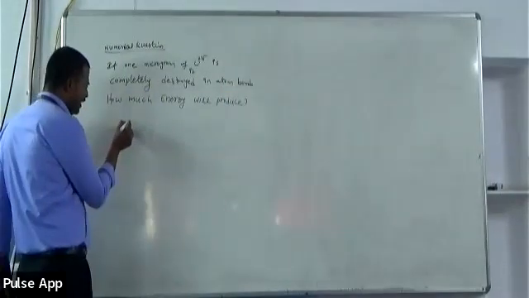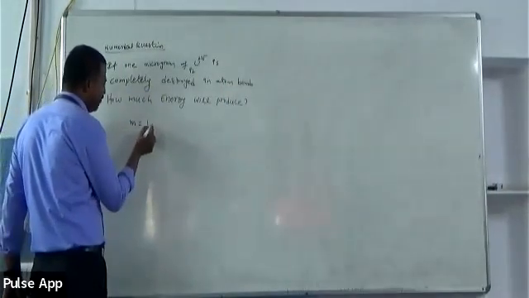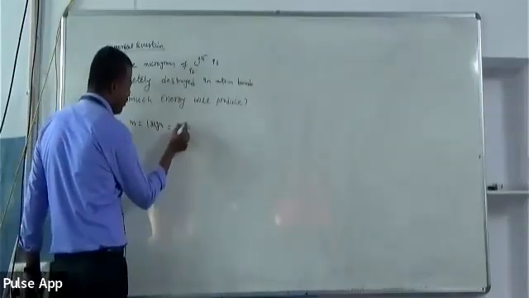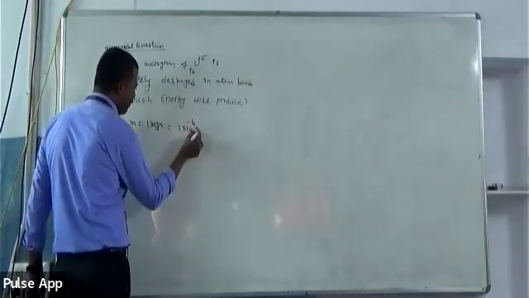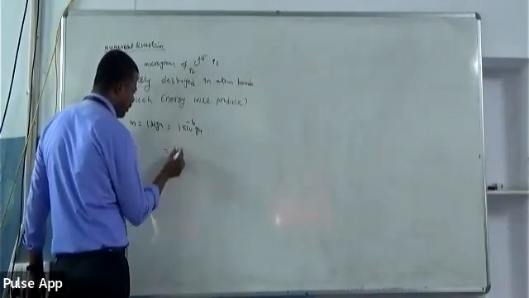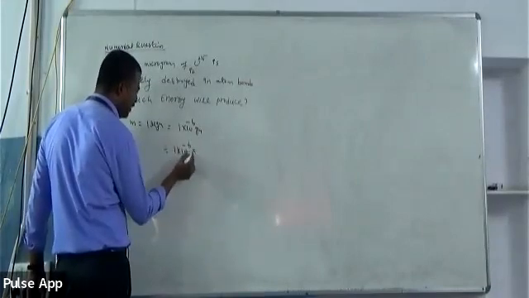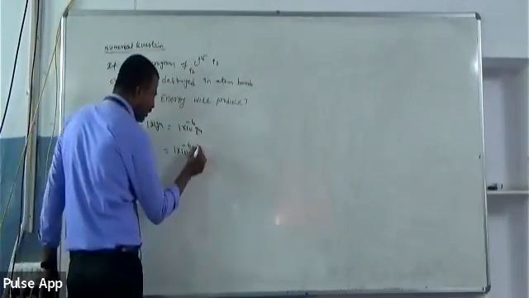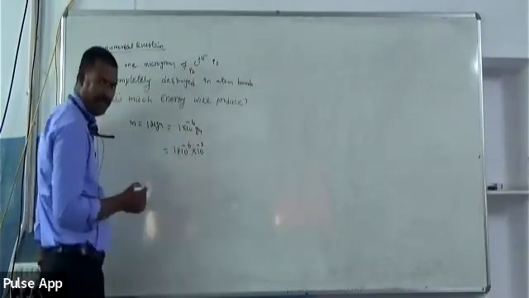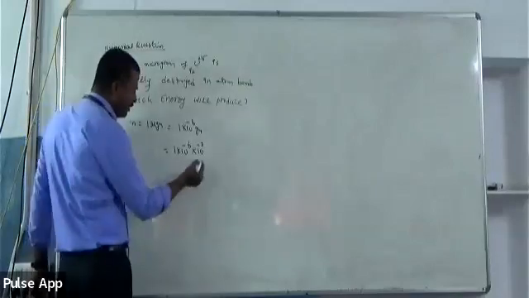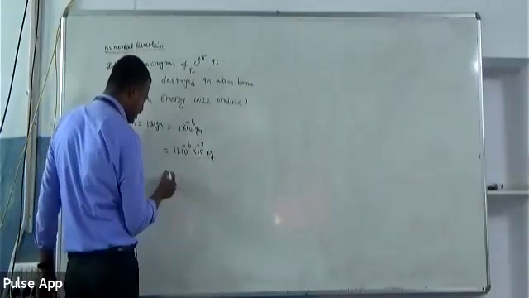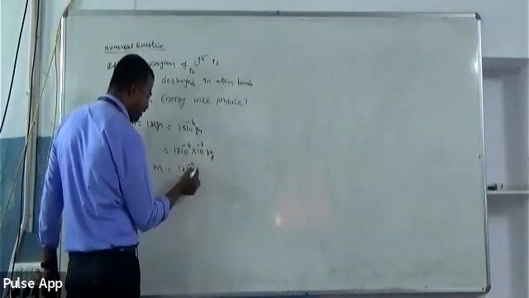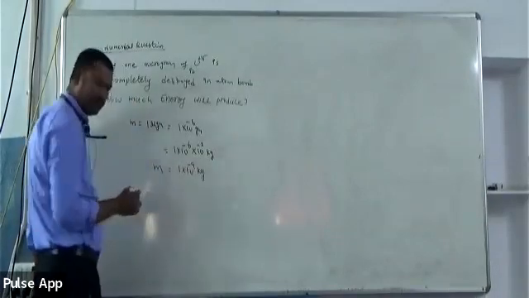From this question, the mass given is 1 microgram, that is 1 into 10 to the power of minus 6 gram. Converting gram into kilogram, we multiply again by 10 to the power of minus 3. Indirectly, the mass is 1 into 10 to the power of minus 9 kilogram.